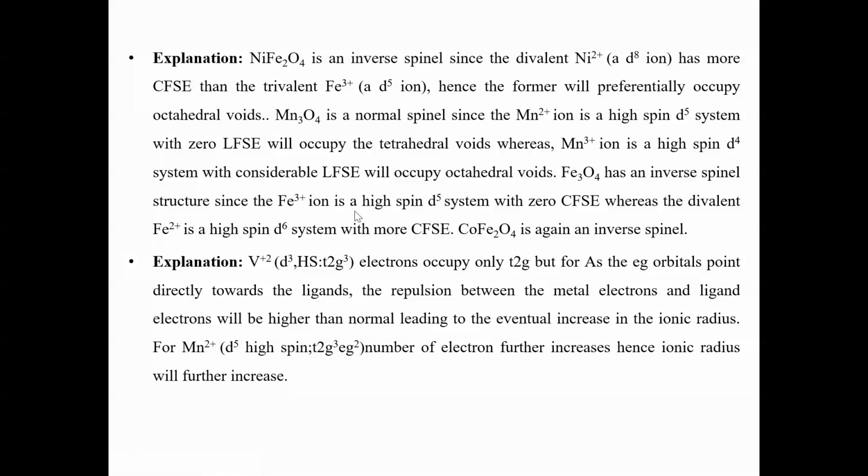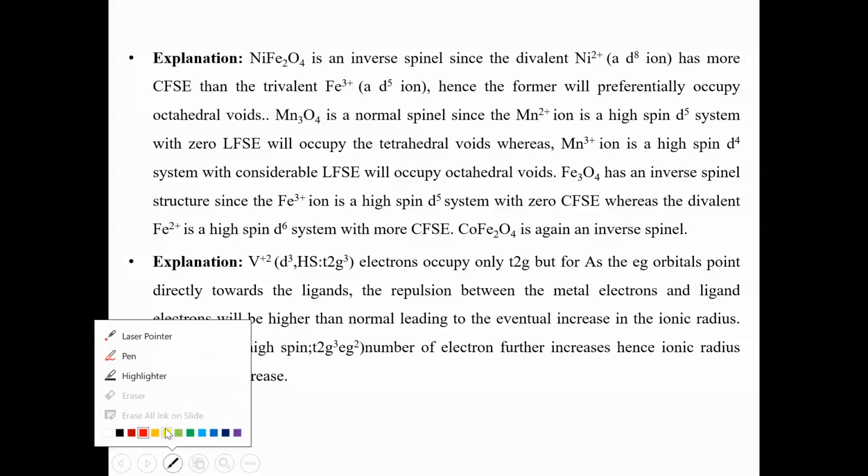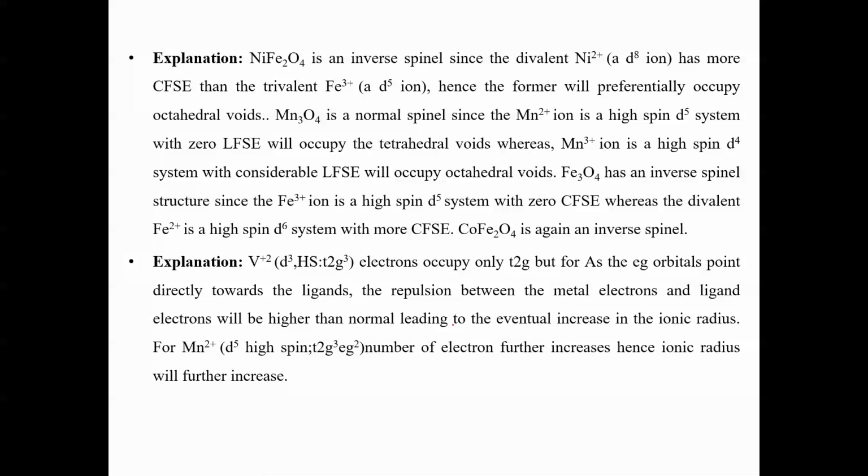So if I compare both the metals, in d5 there will be no crystal field stabilization energy, but compared to this, a d8 ion will have more crystal field stabilization energy. So hence the latter ion will preferentially occupy octahedral voids, right?